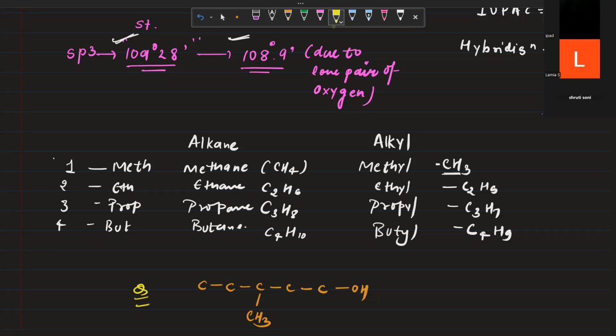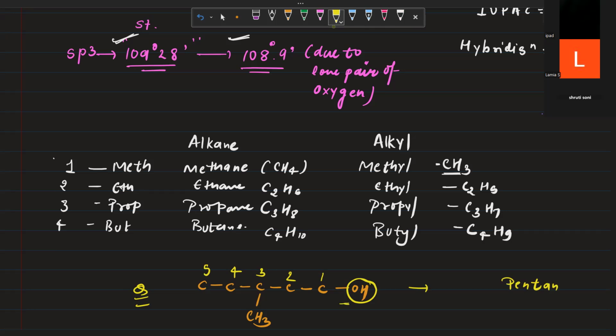We need to start from where the functional group is attached, no? First, second, third, fourth, fifth. So five carbon. Five carbon means pent, pentane, pentanol.